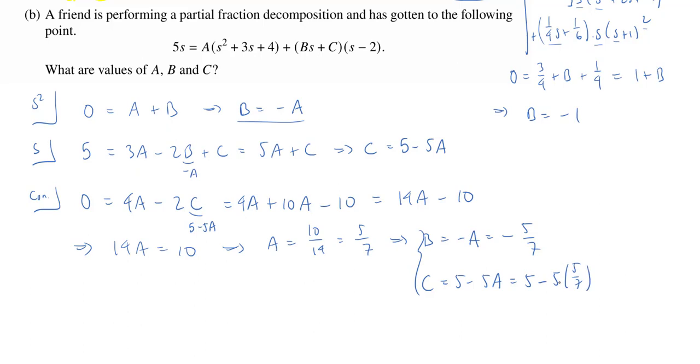All right, that's going to be 25 over 7. 5 I could write as 35 over 7. 35 over 7 minus 25 over 7 is 10 over 7. And so now we found A is 5/7, B is negative 5/7, and C is 10 over 7.